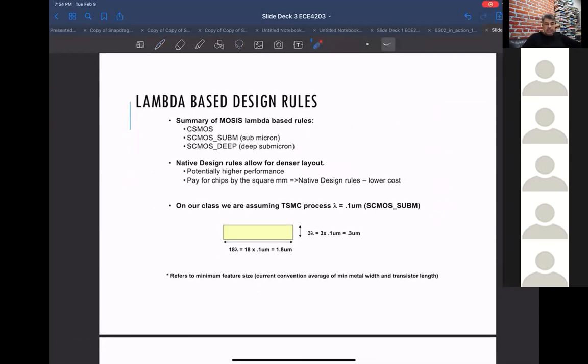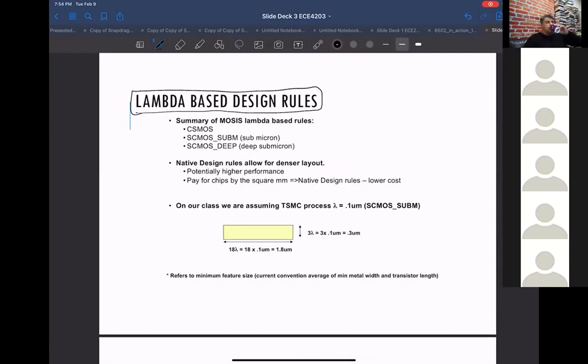You never see this in the industry, but we have to cover it because some of the rules you'll see in the book and the rule decks, or what you have access to, are this kind of stuff, lambda-based design rules. What do lambda-based design rules mean?